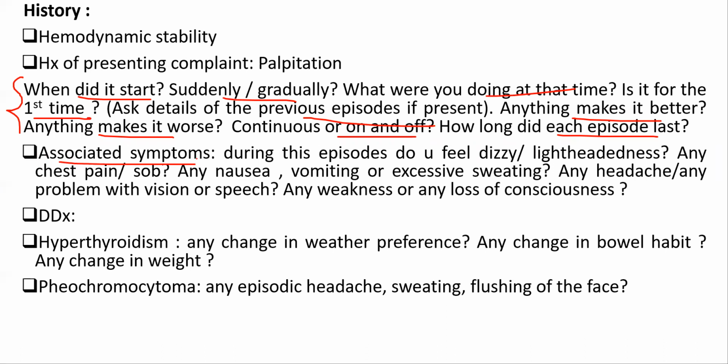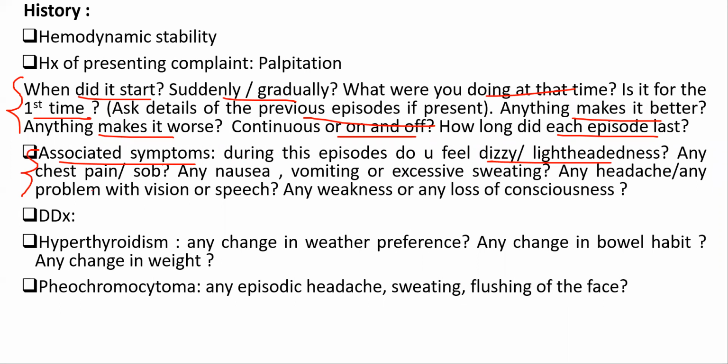In associated symptoms, most of the patients who have some kind of arrhythmia will also have a feeling of dizziness or lightheadedness. So during these episodes, do you feel dizzy or lightheaded? Most of the time it will be present. And then quickly ask the serious differential diagnosis. The serious differential diagnosis includes myocardial infarction.